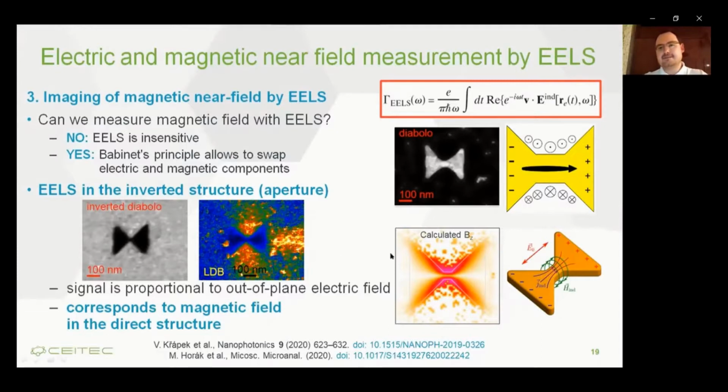So now we have correspondence between EELS on the inverted structure and the out-of-plane magnetic field on the direct structure. So this is the way to image the magnetic near field by EELS.